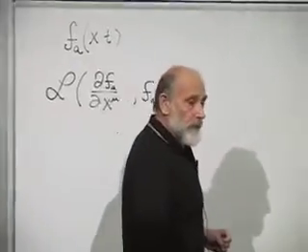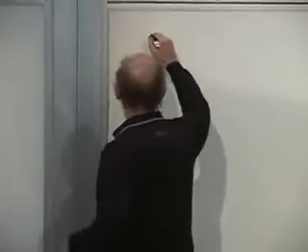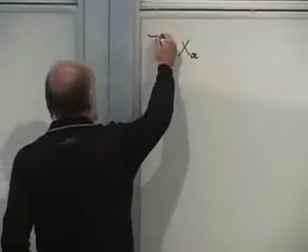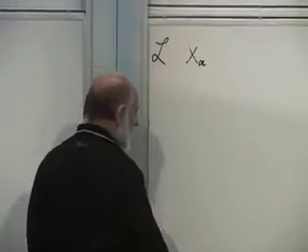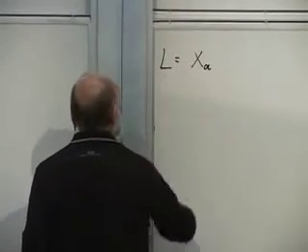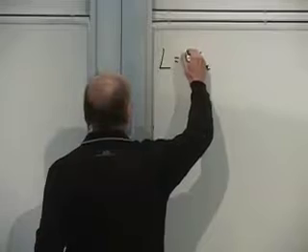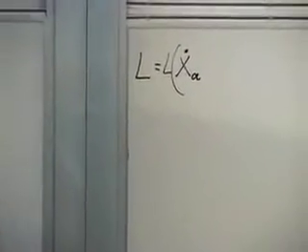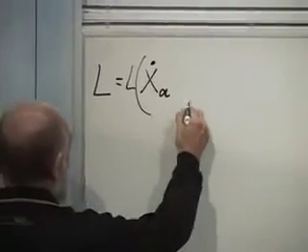Before I do, let me write down the ordinary form of the Euler-Lagrange equations for the motion of a particle. If you have a set of particles, instead of having F_A, we would have a set of coordinates x_A, and the Lagrangian would be a function L of the time derivatives of x, that's the velocity, and the x's themselves.